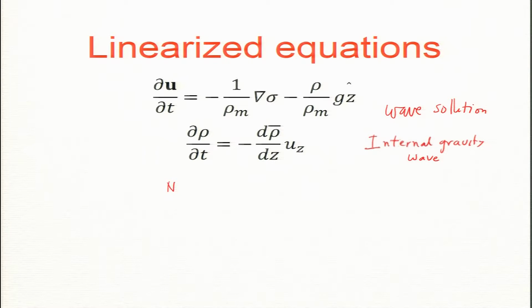So, I can write down the Brunt-Väisälä frequency. N is the square root of g by rho mean times d rho by dz. It has very similar properties to a gravity wave, but it is inside the fluid.